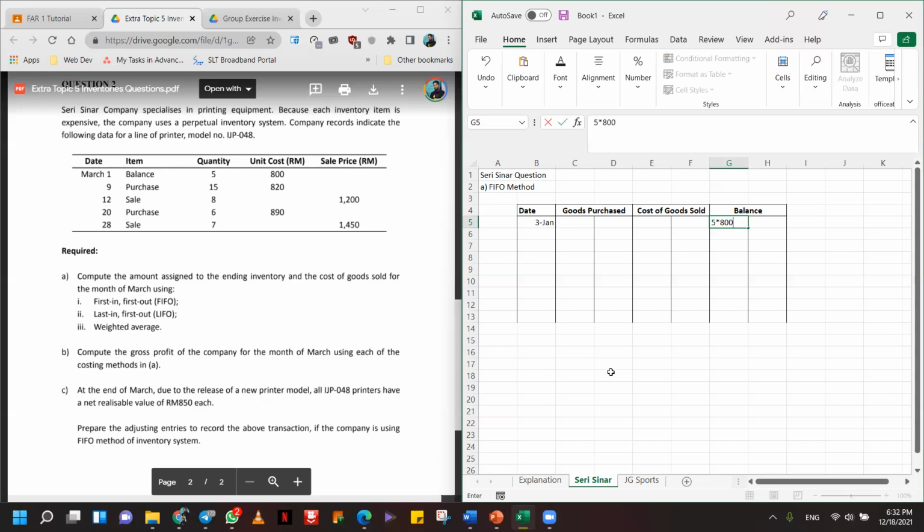This is the beginning inventory value for the month of March. Then on 9 March, we have a purchase of 15.